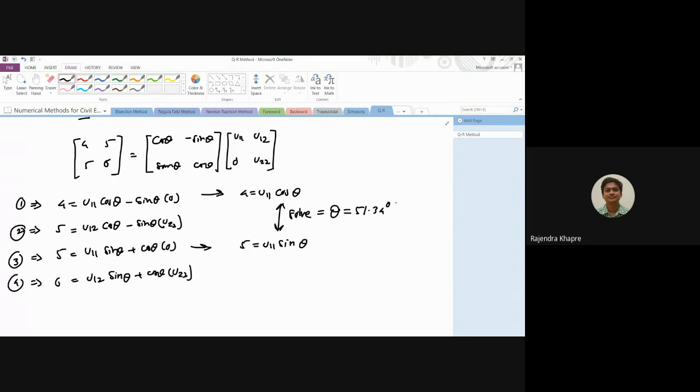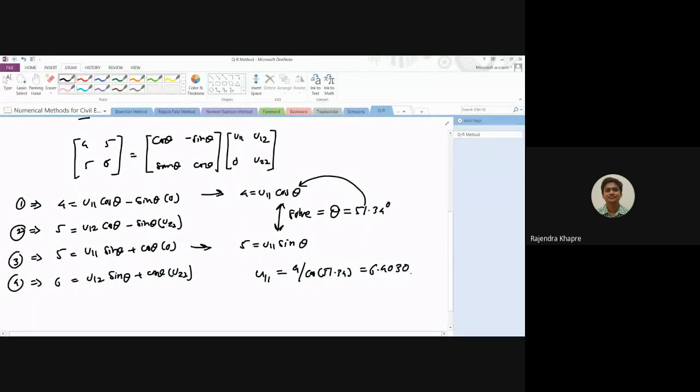All right. So one unknown you have successfully calculated. Now you can use expression 1 or expression 3 to get the value of U11. Okay. If I substitute the value of theta over here, this should give me the value of U11, that is 4 divided by cos of 51.34. How much is this? 6.4030.